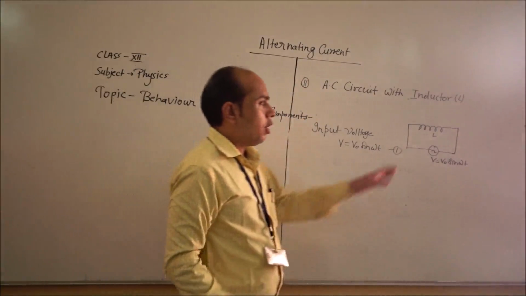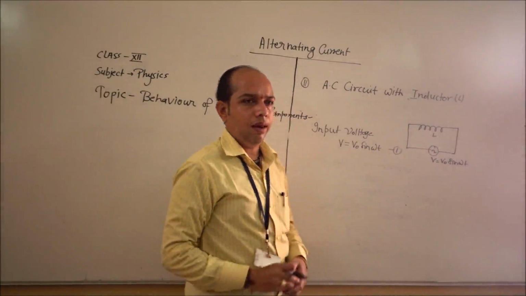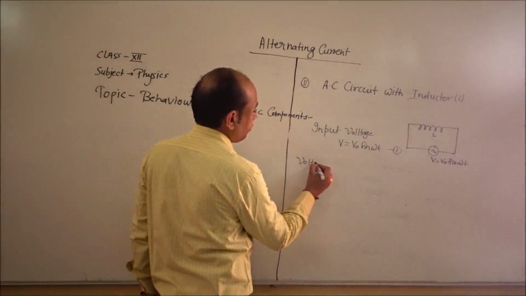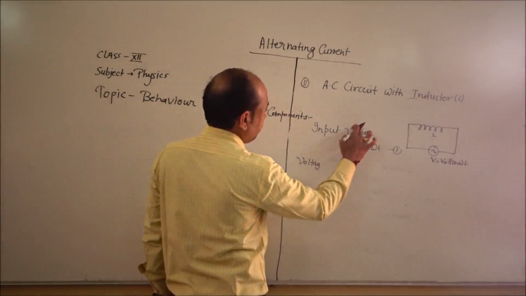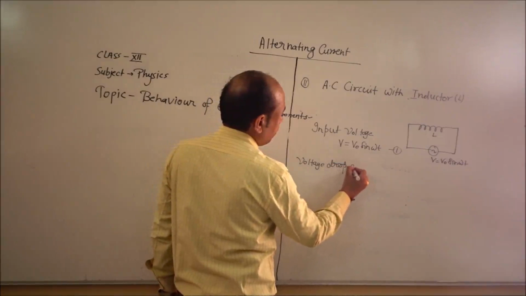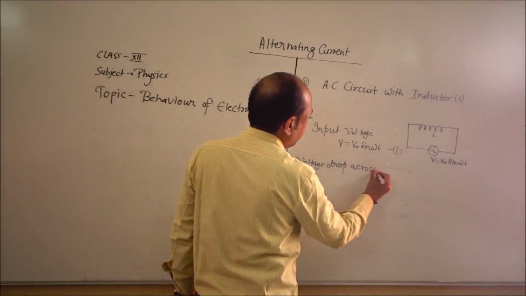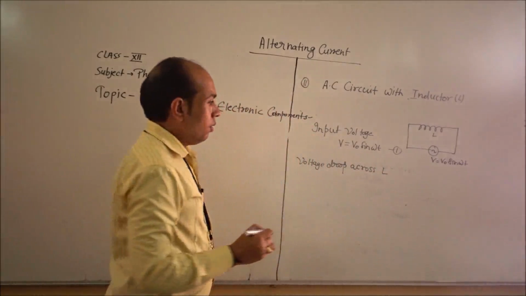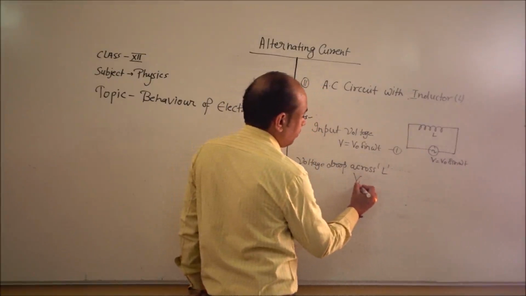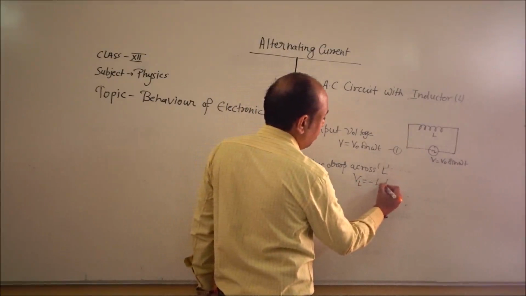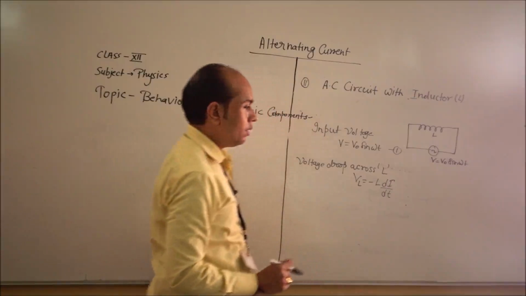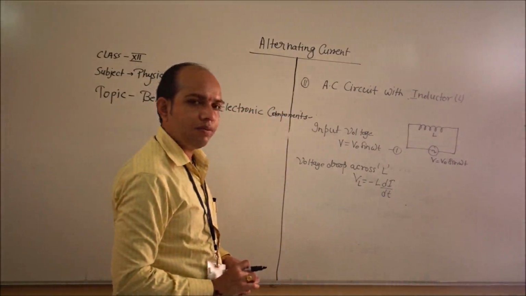Now if you find out how much voltage drops across the L, so voltage drop, if we use Faraday's law identity, is minus L di by dt. Okay. This is the voltage drop across the inductor from Faraday's law.